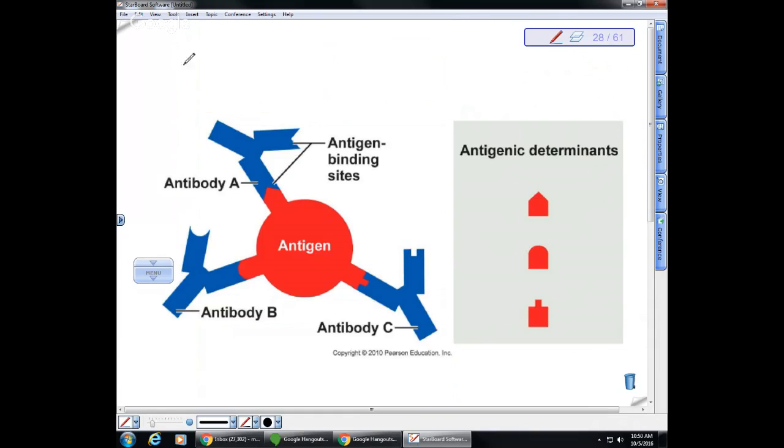So antibodies are the lock. The antigen is the key. Okay, so this is a specific shape.